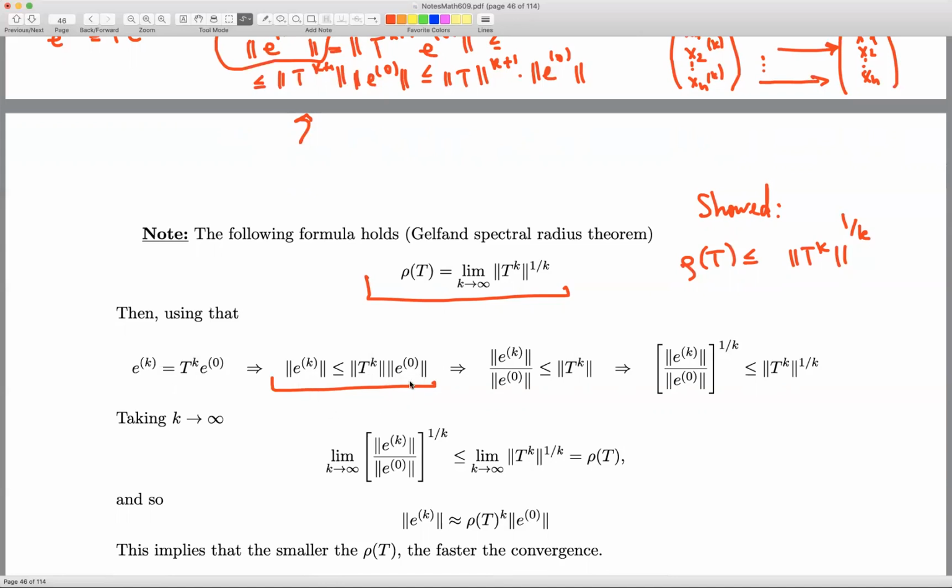Therefore we can divide both sides of this inequality by the norm of e0, and we end up with this ratio less than the norm of the matrix T to power k. Then we can raise both sides to power 1 over k, and on the right side we have exactly that.